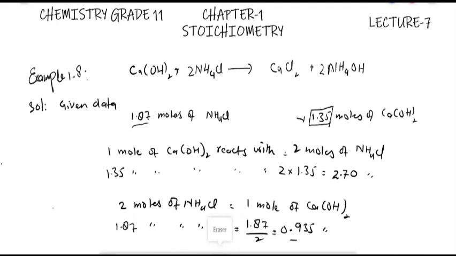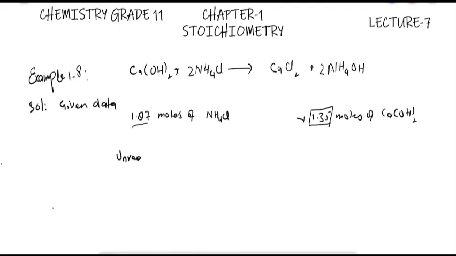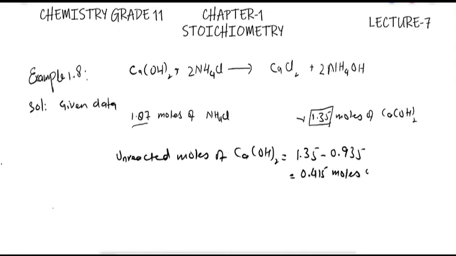So let's calculate the difference. Unreacted moles of calcium hydroxide are 1.35 minus 0.935, which is equal to 0.415 moles of calcium hydroxide.